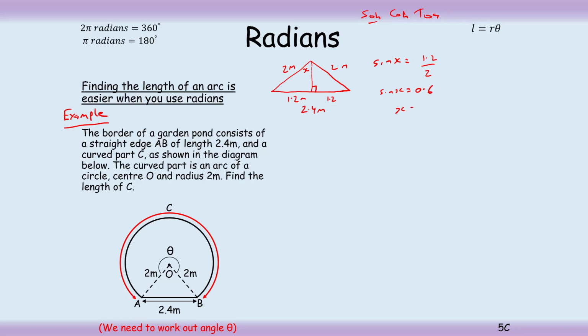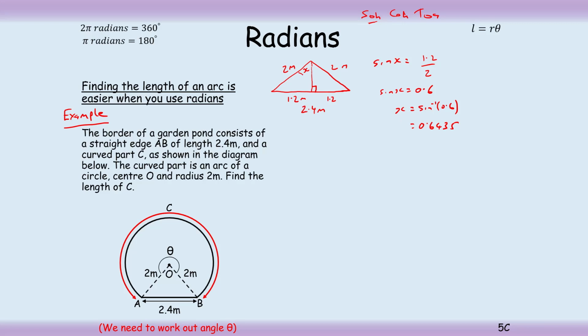And so x is going to be equal to, using your calculator in radians, sine to the minus 1 of 0.6, and that's going to be equal to, what have we got? 0.6435. There you go. So that's x.